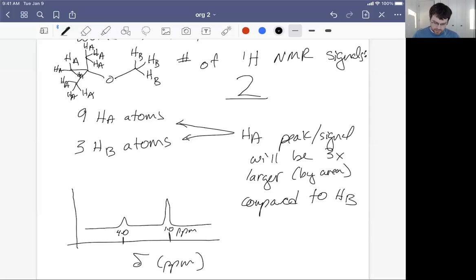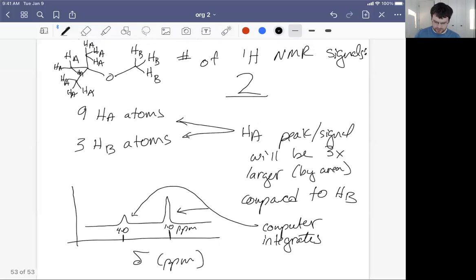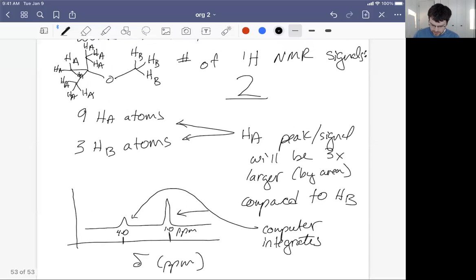Now we say, computer, integrate, and the computer integrates. It likes to do math, right? I mean, we all do. So for the peak at chemical shift 4.0 parts per million the integration is 150.